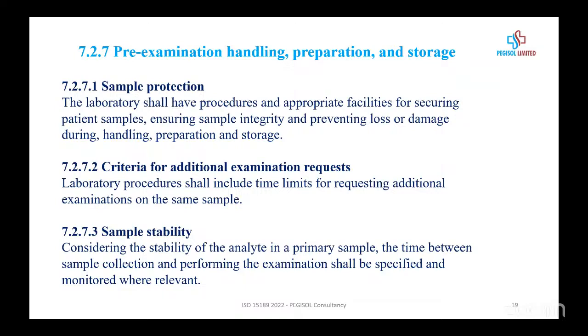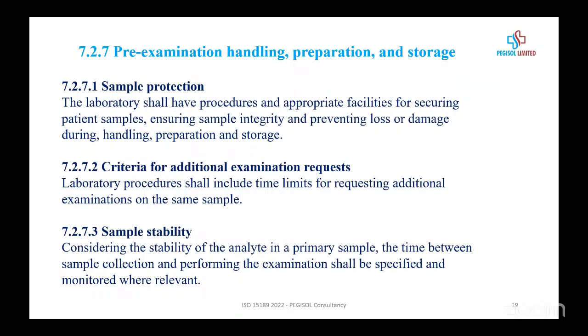Now let's talk about pre-examination. 7.2.7 talks about pre-examination handling, preparation, and storage. Sample protection: the laboratory shall have procedures for appropriate facilities for securing patient samples, ensuring sample integrity, and preventing loss or damage during handling, preparation, or storage of the samples.